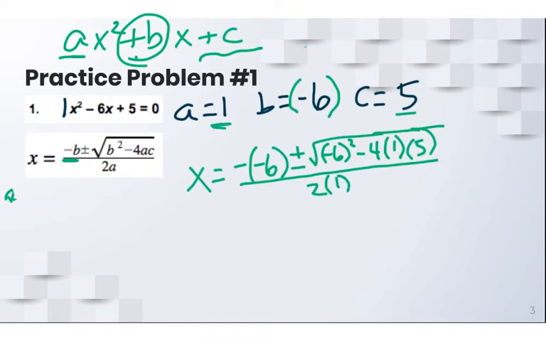Now I'm going to just simplify that. So the negative of -6 is a +6, plus or minus. And here I'm actually going to put all of this into my calculator. So I'm going to put the square root here.